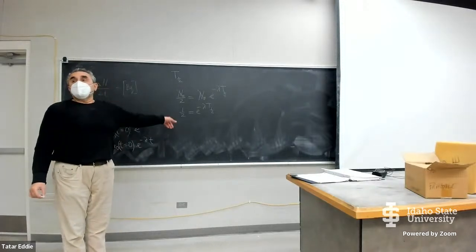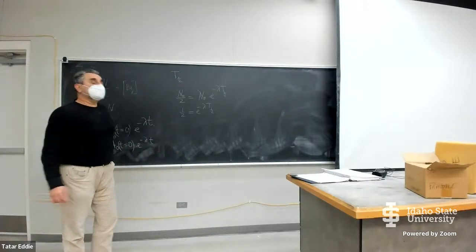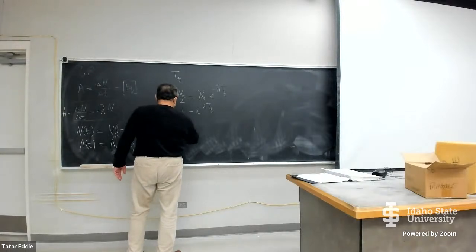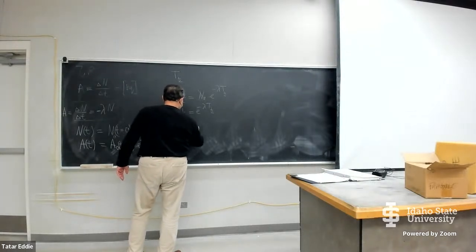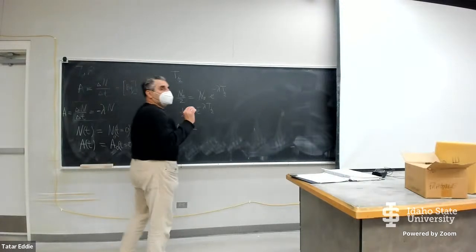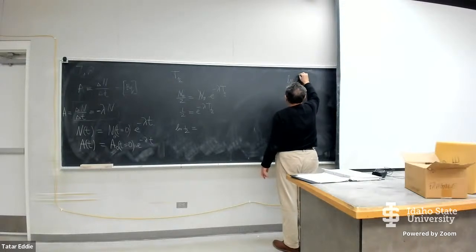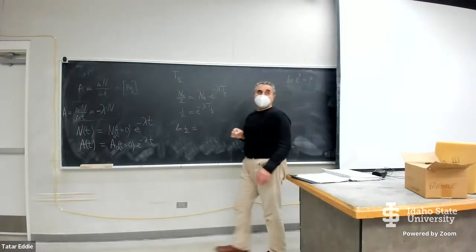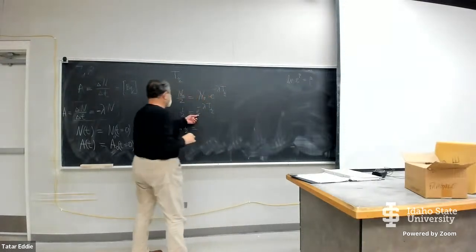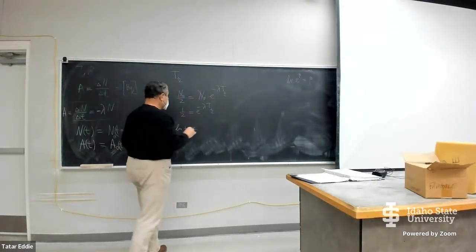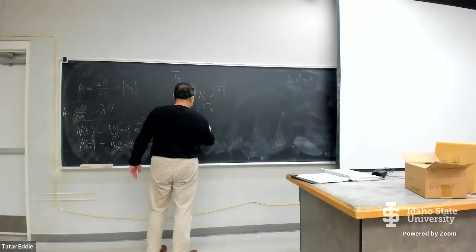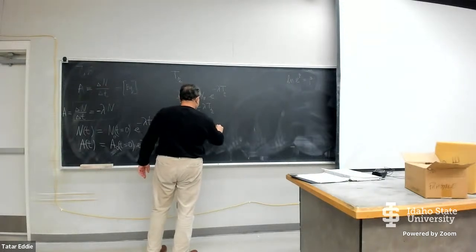Next, you take a natural logarithm of both sides of this equation. So logarithm of 1/2 should be, and you use the following properties of the logarithms. Natural logarithm of e to any power beta is exactly equal to that power. In other words, natural logarithm of this exponent is exactly equal to negative lambda times T1/2.